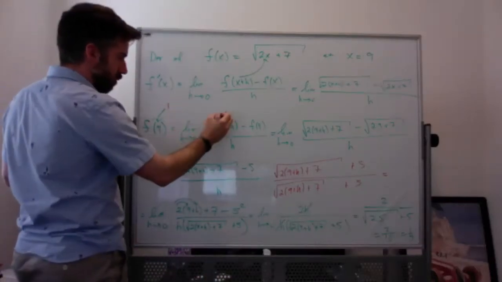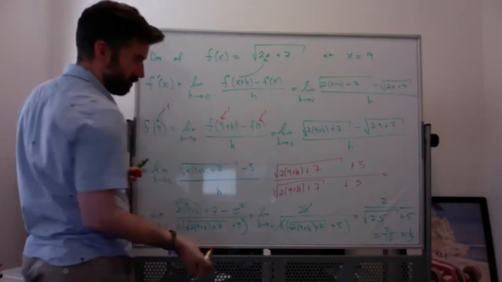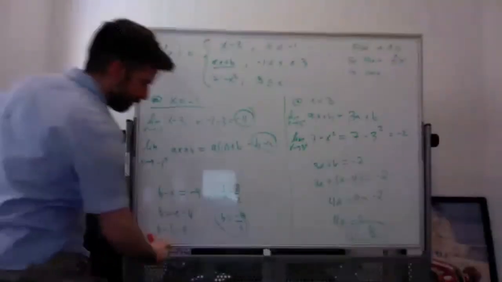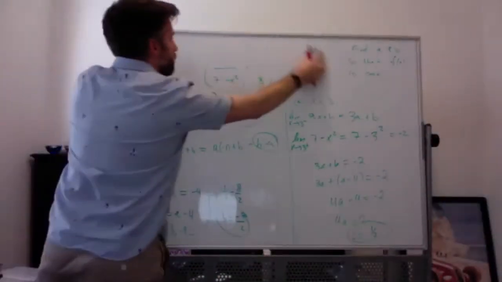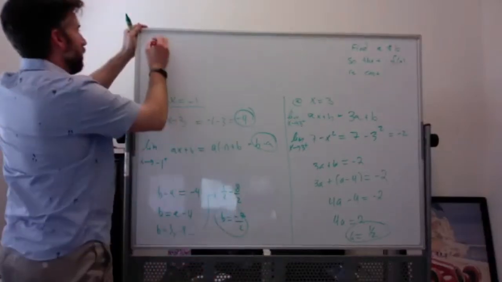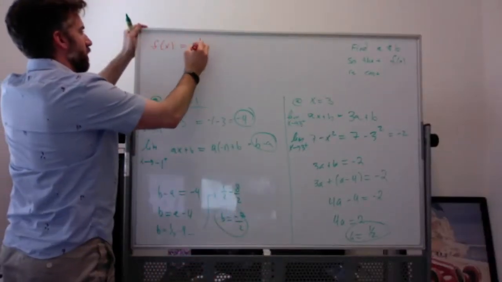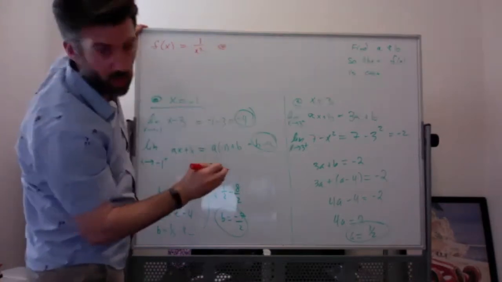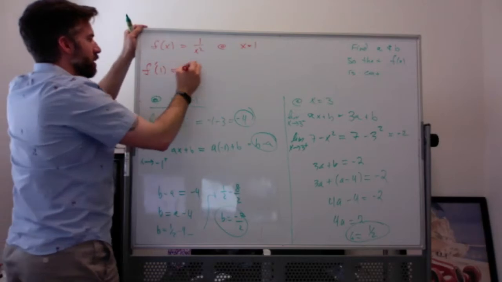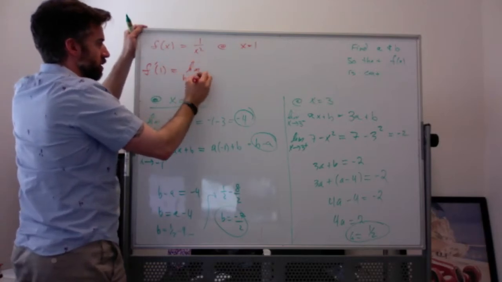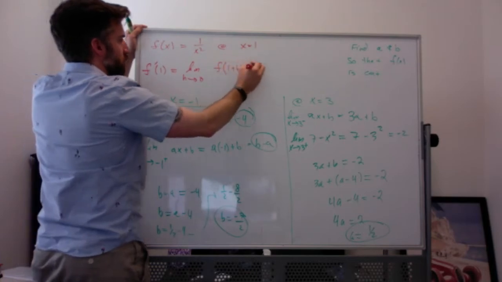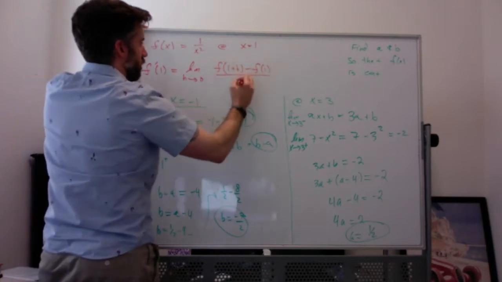So you do f of 1 plus h minus f of 1. Not to do the whole problem for you guys, but just to start it out, if I was doing problem 9, where f of x is 1 over x squared, and you're at x equal to 1, I would start off by saying, okay, f prime of 1 is the limit as h goes to 0 of f of 1 plus h minus f of 1 all over h.